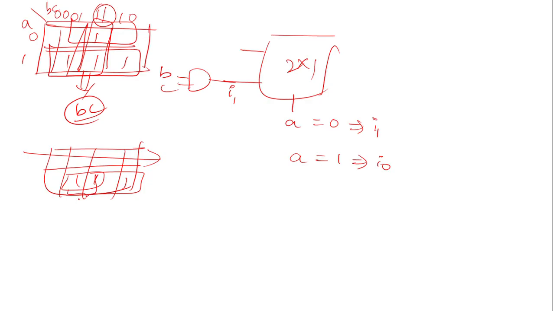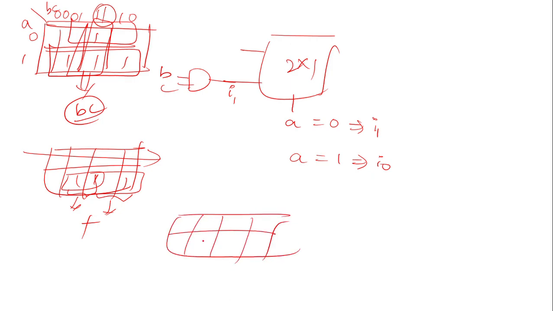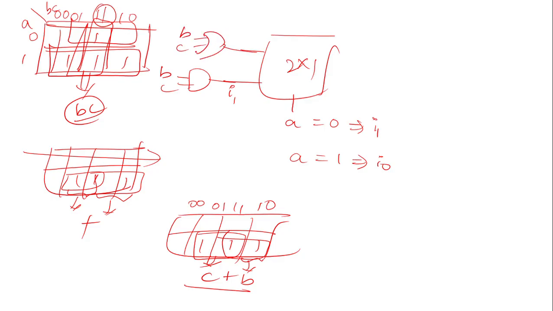First we find the K-map for this, and for the second we combine, and we can add both. Again I draw the K-map here. 1, 1, 1. So 0, 0, 0, 1, 1, 1, 1, 0. For the both combinations we get the value C, plus for this we get the value B. So B plus C is nothing but an OR gate. So we are going to connect the OR gate here, BC. Same values. So it is our I0 and the final output is our carry.